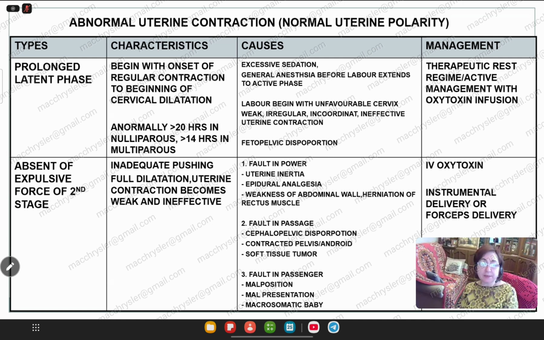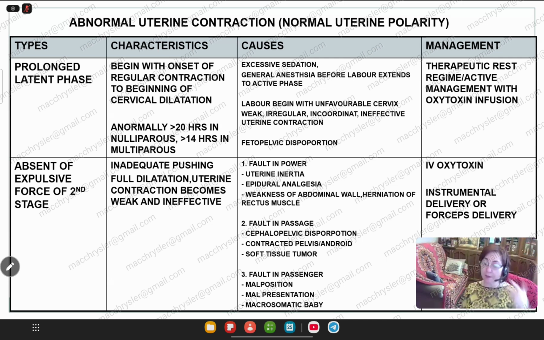Absence of expulsive force in the second stage. I told you about exhaustion of patients and explained why it is important: the mother needs enough energy to expulse. And here, quite commonly, we use oxytocin infusions, and a typical mistake of young doctors is that they see primary uterine inertia, insufficient contraction, and prescribe oxytocin as a treatment for that pathology.